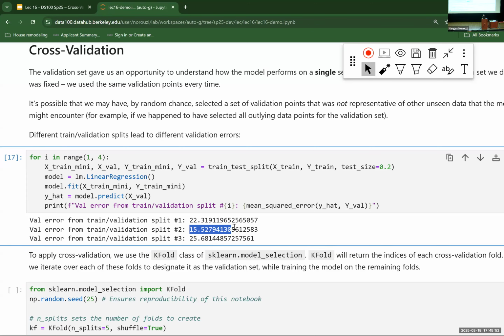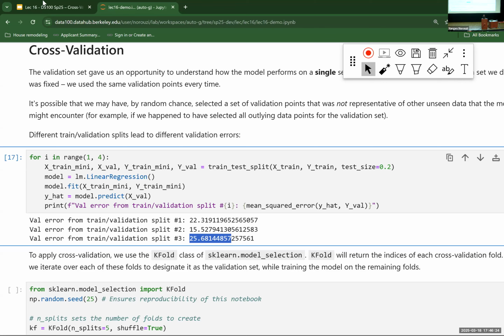There was one time that we got really lucky: the validation had a very similar distribution to the training, so by optimizing on the training, we also optimized on the validation data. But there is also a time that we were not so lucky, so the validation error is high. So there is variance, and we don't want to leave our modeling process up to chance.